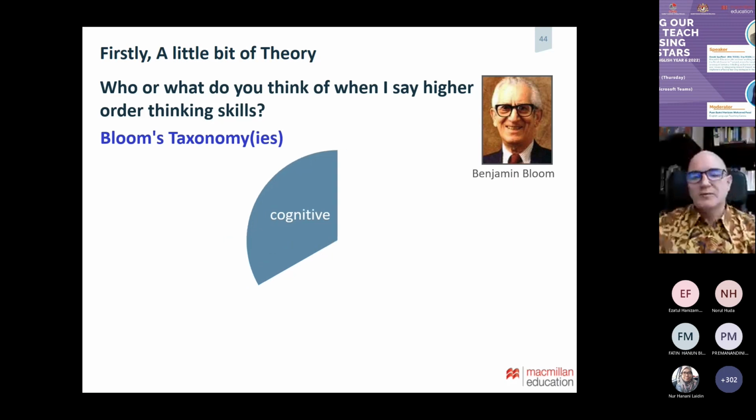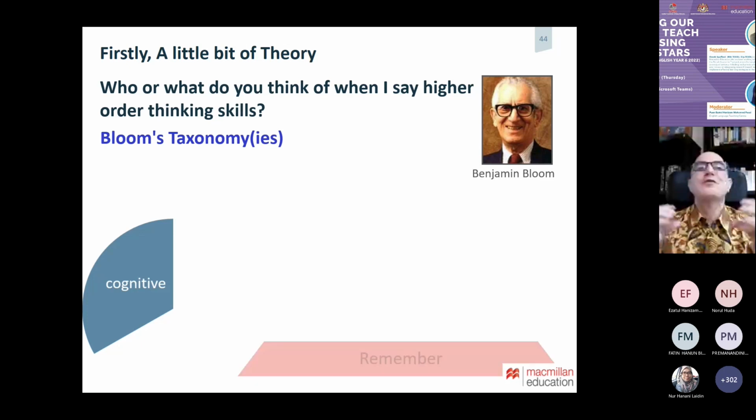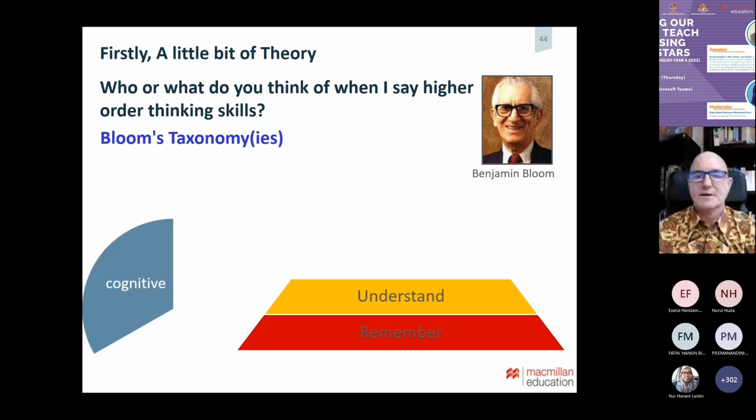And in our jobs, we normally focus on what we call the cognitive taxonomy, or the cognitive domain, I should say. So this cognitive domain of thinking starts here with remembering things. You're remembering something, then after remembering it, you understand it.